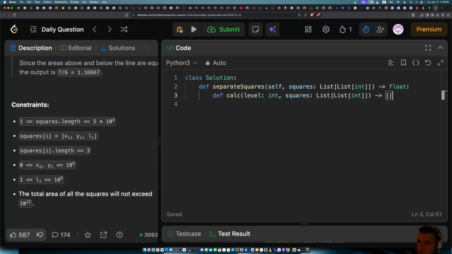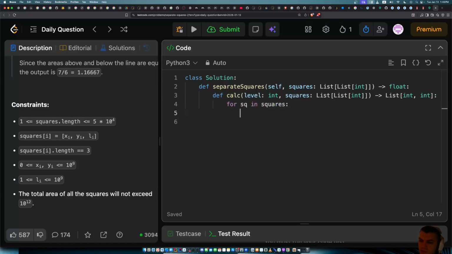It's gonna be a list of integer, and the first one gonna be above the line and the second one gonna be below the line area. And then I'm gonna go for squares.